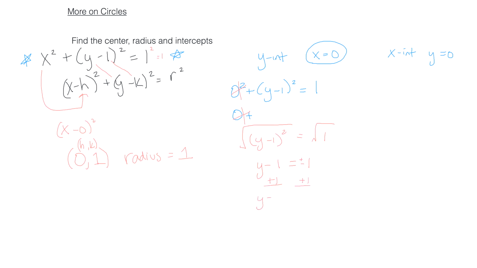So y equals plus 1 plus 1, and y equals minus 1 plus 1. Y equals 0 and y equals 2. Okay, you figure out what the x-intercept is, and then let me know.